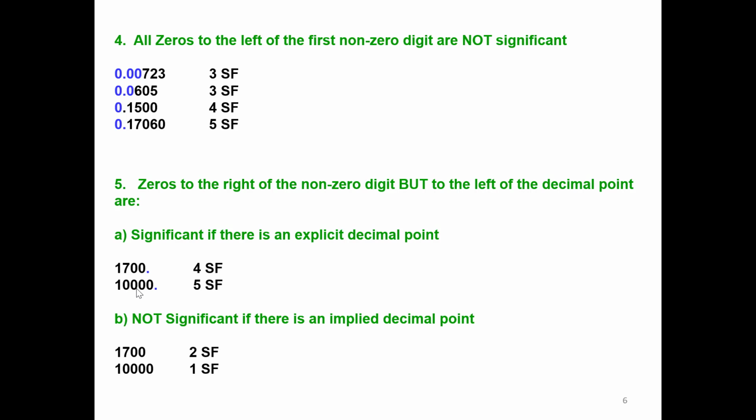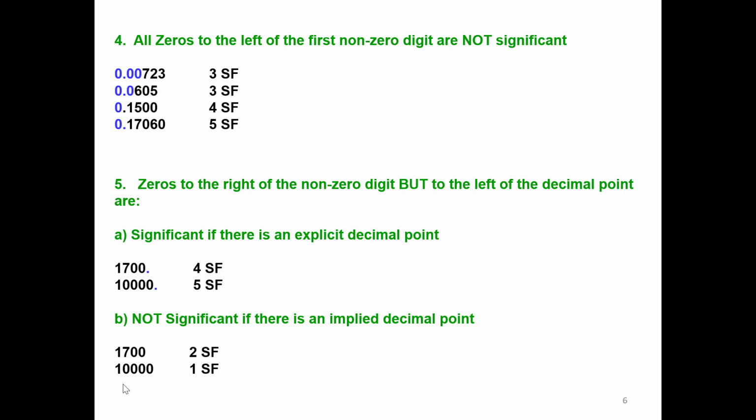In this case, we had 5 significant digits. Then the zeros are not significant if we don't have an explicit decimal point. Like in this case, if we don't have an explicit decimal point, then these zeros are not significant. And in this case, we had 2 significant figures. In this case, we had 1 significant figure.